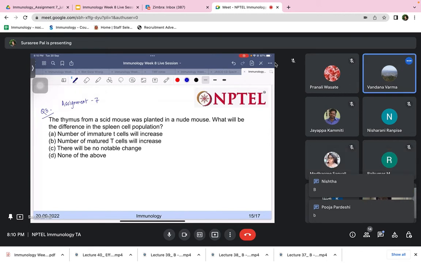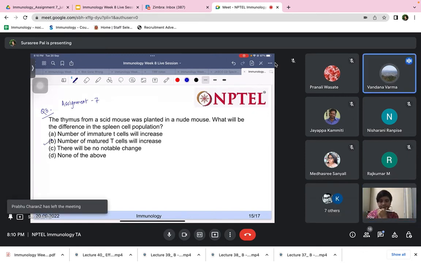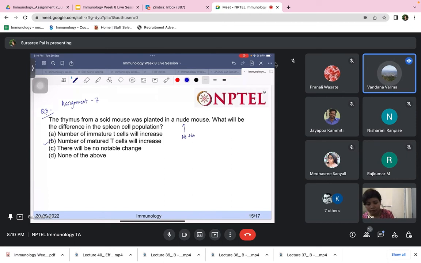Yes. So can you explain, Vandana? Ma'am, in the nude mouse, the thymus has been removed. But the bone marrow is functional. So both the B and T cells will originate and the B cells will mature normally. The only defect lies in the maturation of the T cells.